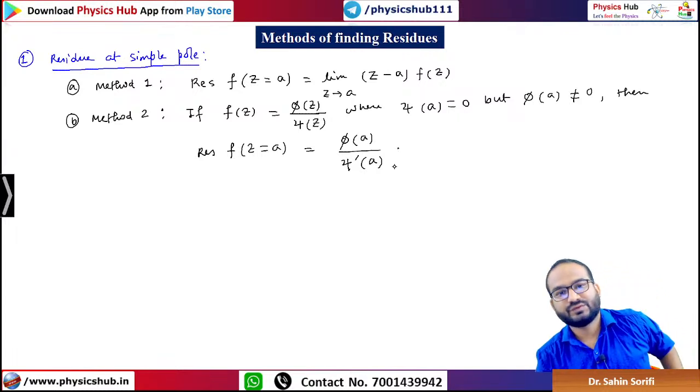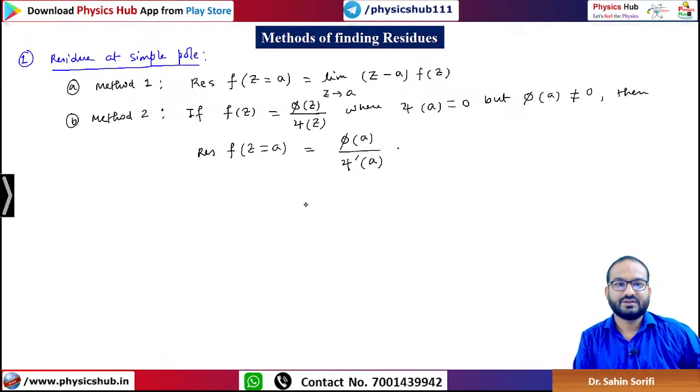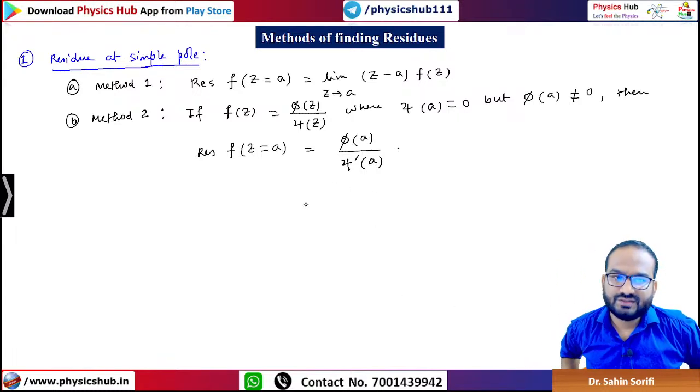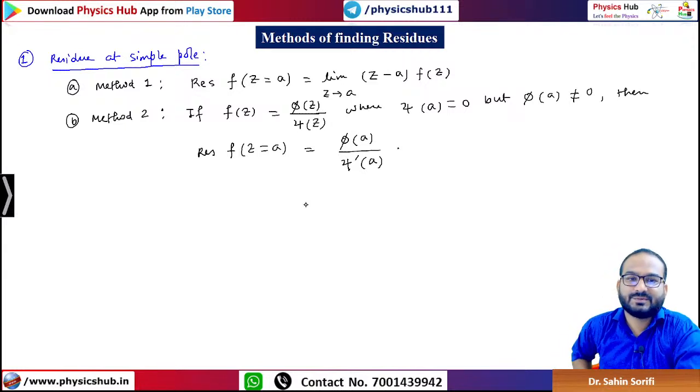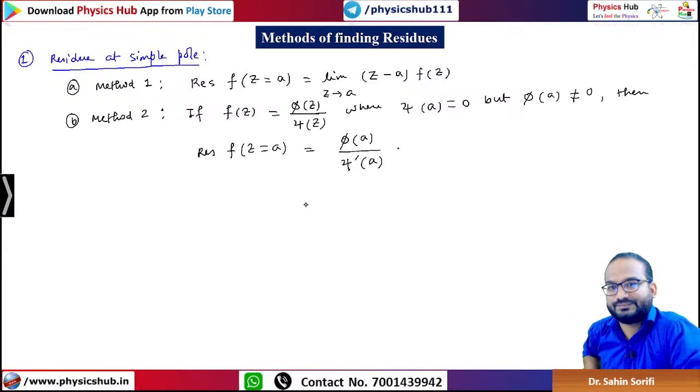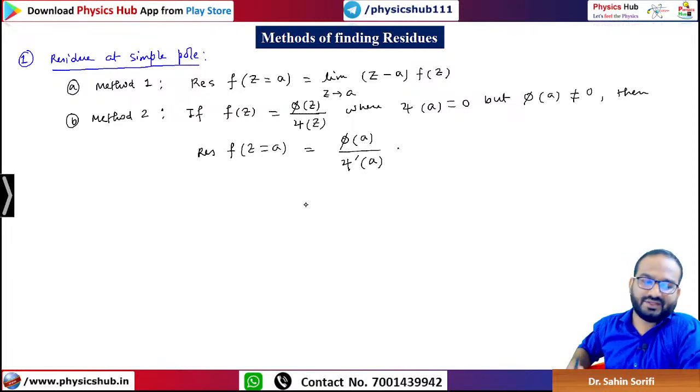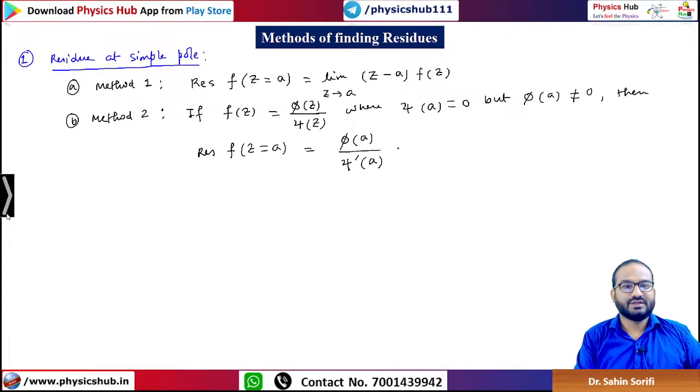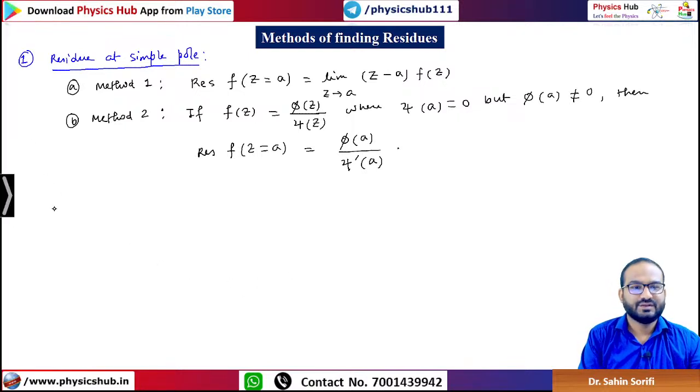So this rule helps many times. The second method: generally we use the first method, but the second method is also very helpful. If your denominator at that particular pole is 0 but the numerator is not 0, in that situation the residue at that point will be phi(a) by psi prime(a). So this is the first case.